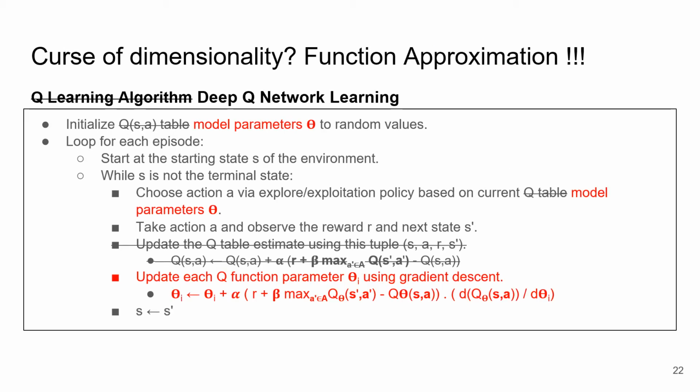We thus resort to using a function approximation method called deep Q-learning. Deep Q-learning, or DQN, approximates the Q values for different discrete actions for a given state. It can be viewed as a modification of the Q-learning algorithm that we saw earlier.